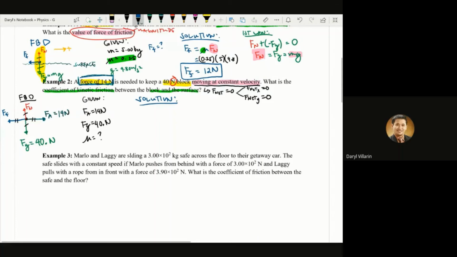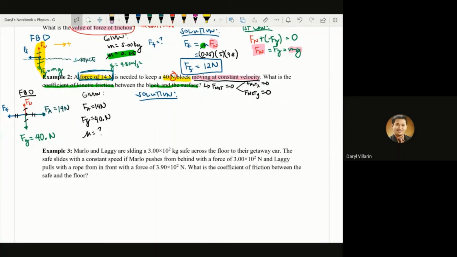By just looking at the free body diagram, Fn is equivalent to Fg, which is 40 newtons. The sum of the vertical forces would be 0, and there are only two forces directed in different directions, so the normal force must be equivalent to your Fg.